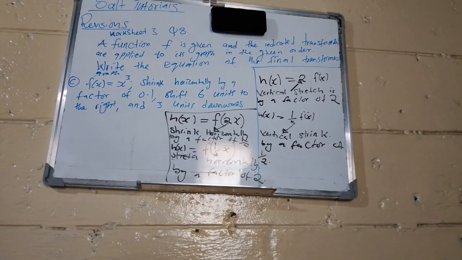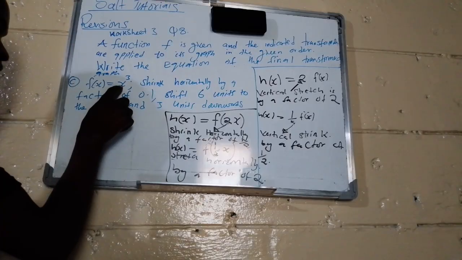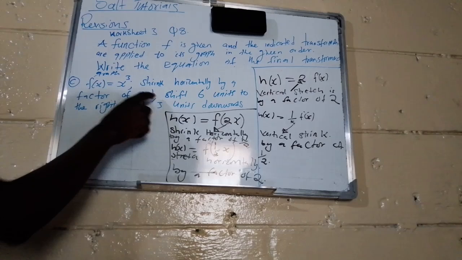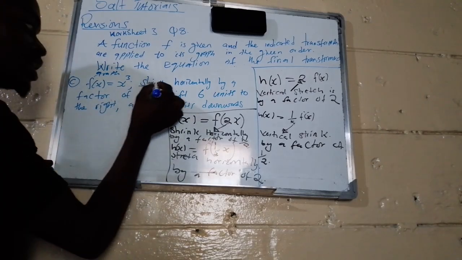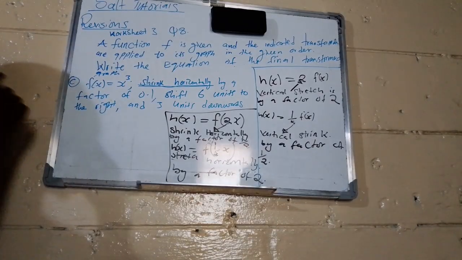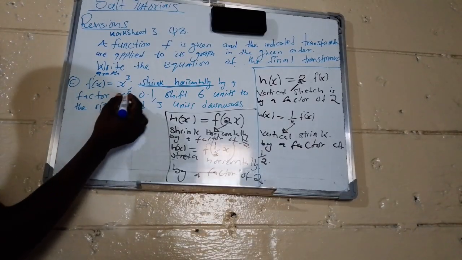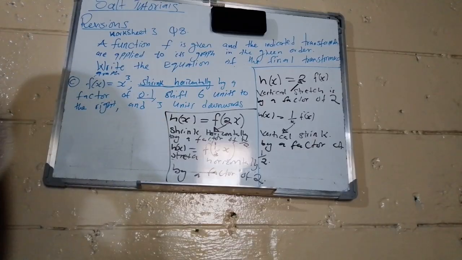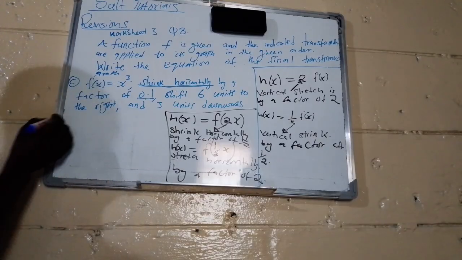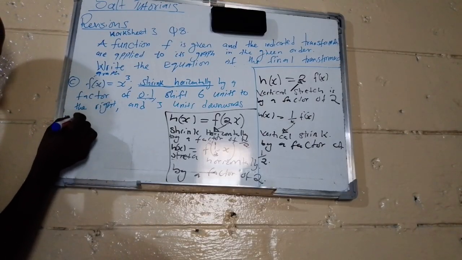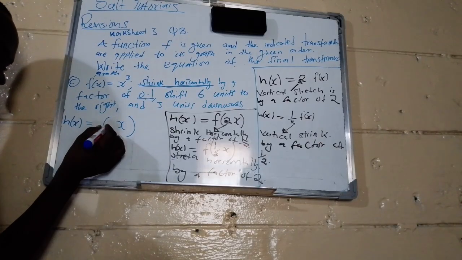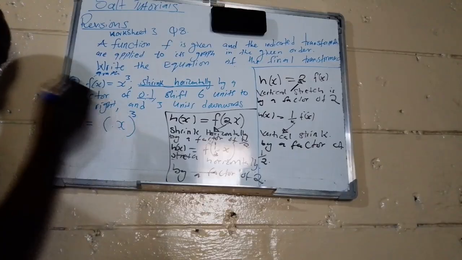So this is what is also happening here. If f of x is x power 3, it means that it is shrinking horizontally by a factor of 0.1. So there's a horizontal shrink here. For them to say it is shrinking by 0.1, it means that there's a constant, a whole number, multiplying this function inside. So I'm going to have a new function h of x equal to, in the function, a certain value multiplying this x to the power 3.